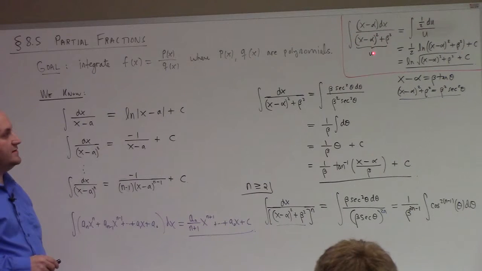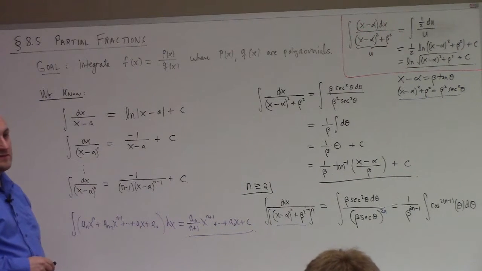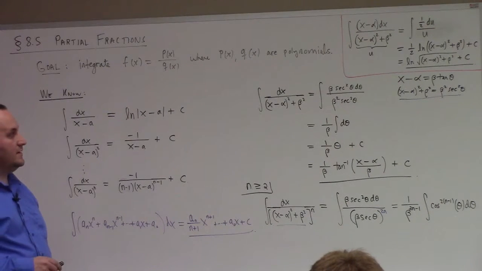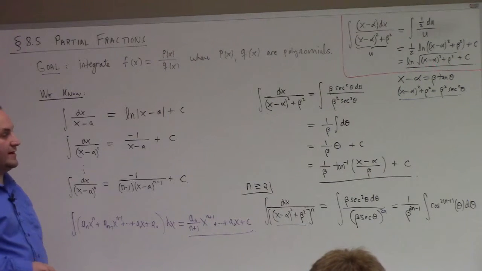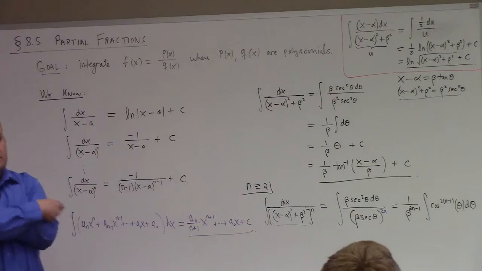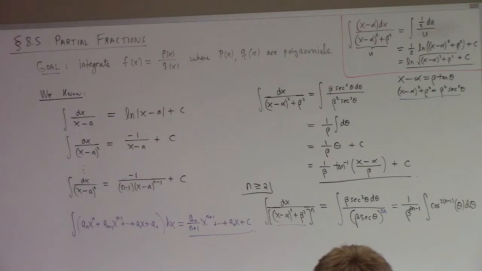See, because du is what? It's 2 times x minus alpha dx. So that this is really 1/2 du. And so there you have it. If you have something of this form, we can also integrate it, and we get natural log of the square root of the quadratic plus a constant, right?